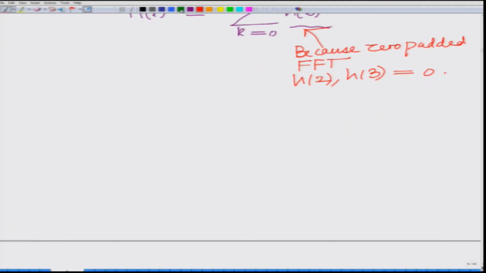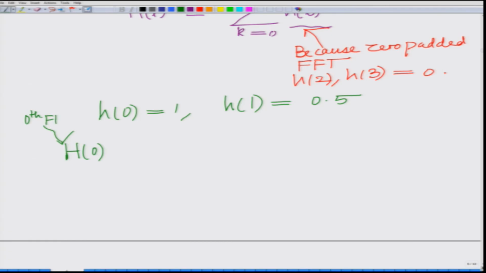Okay. Now, let us compute the FFT. We know, and we have already done this before, but let us just do this for the sake of completeness. We know that the channel tap h0 equals 1, h1 equals 0.5. Therefore, capital H0, that is the 0th FFT point, is equal to h0 plus h1 equals 1 plus half equals 3 by 2.